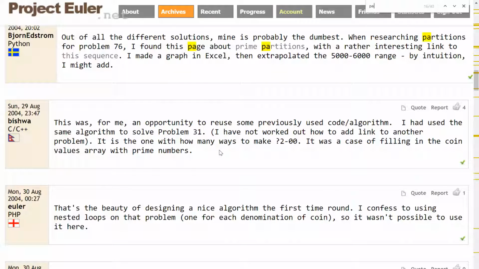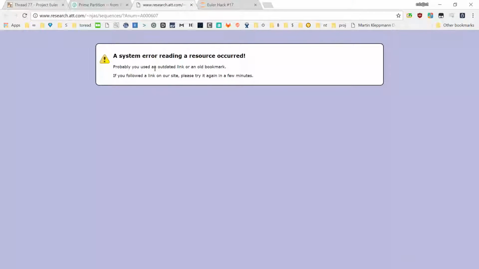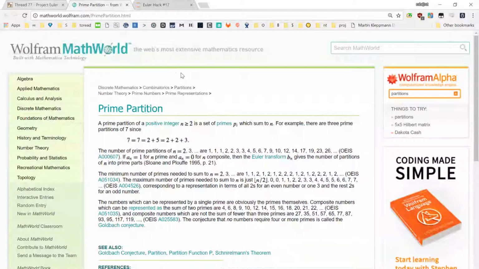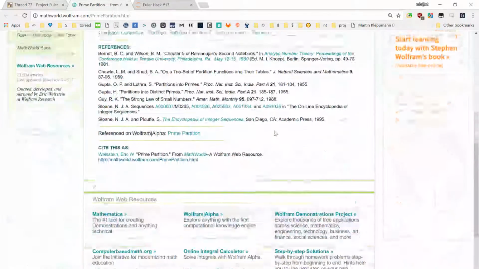I found this page about prime partitions. Made the graph in Excel. This is exactly, yeah, this is the exact thing.